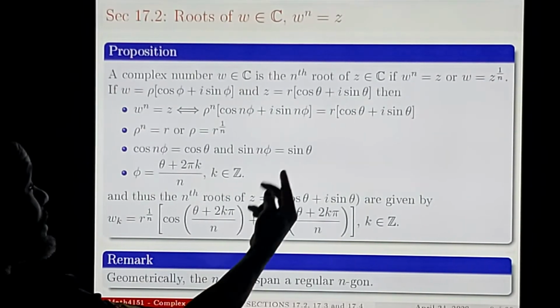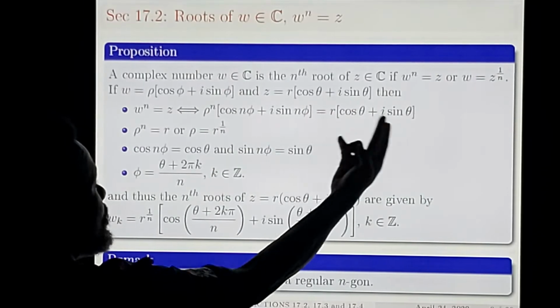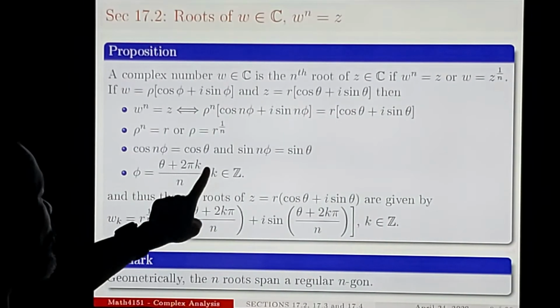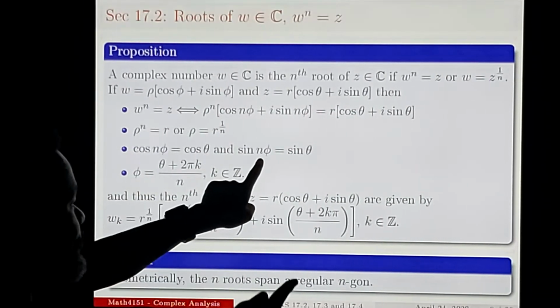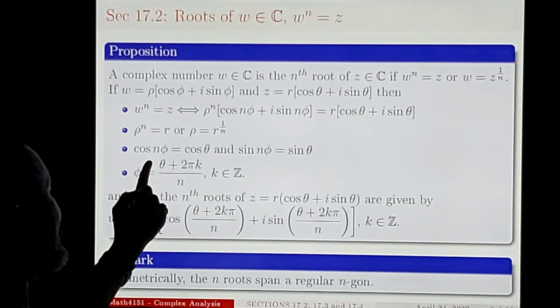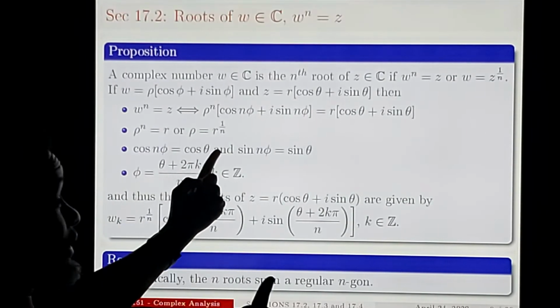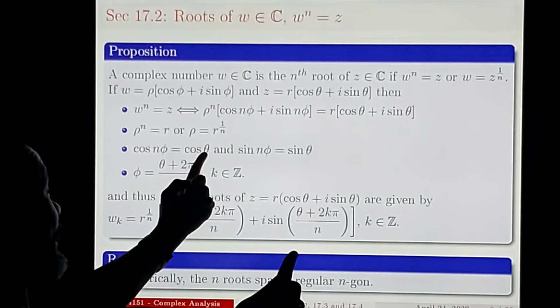Likewise, we can equate this. Now, this equals this, and so this equals this, and this equals that. That means that cos n phi equals cos theta, and sin n phi equals sin theta. That means now the angle is basically, so n phi, remember our theta is periodic, so we can add 2 pi k.